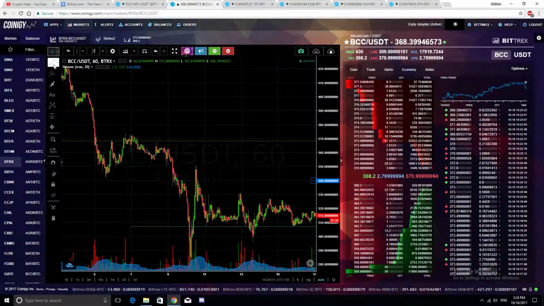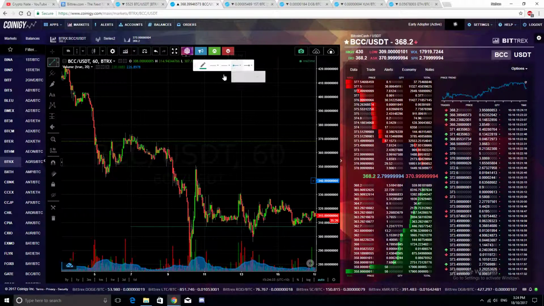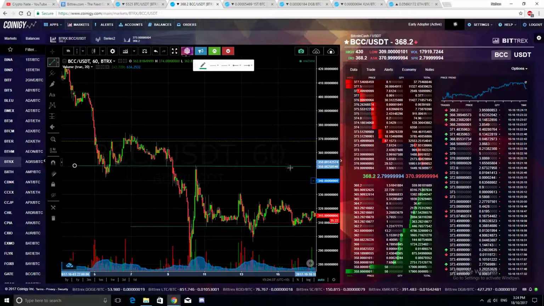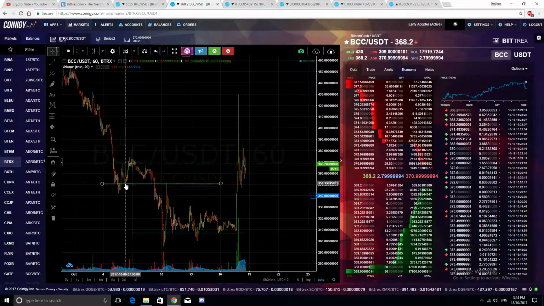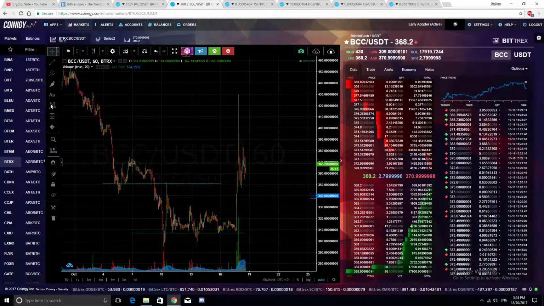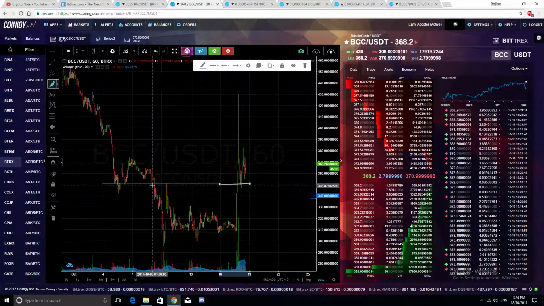It's not working for me. Here we go. If we extend this out to the other side, that base became a nice resistance line once the price broke through the support right here.